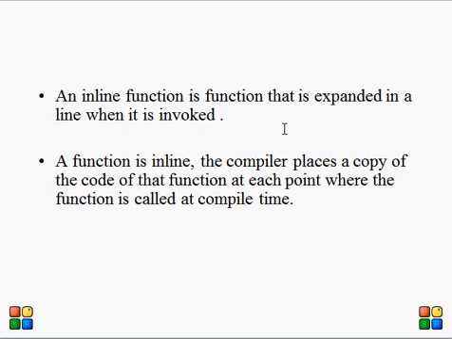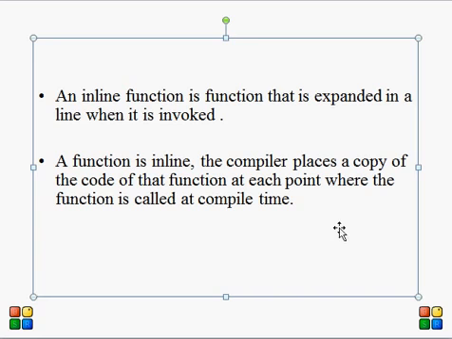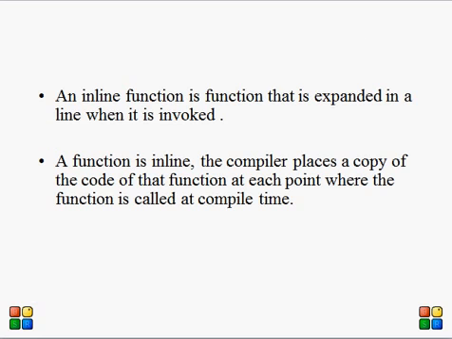Next, see, an inline function is a function that is expanded in line when it is invoked. Inline function is also nothing but a function, but whenever the function contains exactly one line, in those scenarios we will use inline functions. Then how does it work? When a function is inline, the compiler places a copy of the function code at each point where the function is called at compile time.